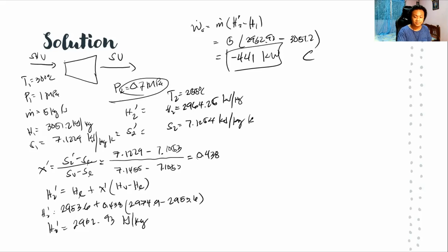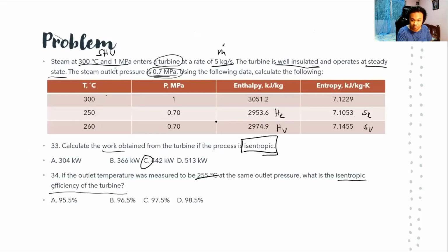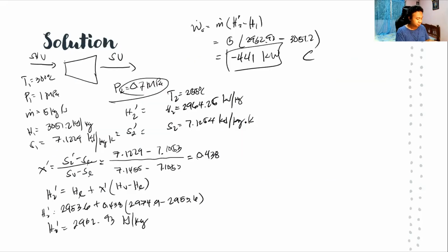Just interpolate between these two values, and then you will get the values that I have given you. That's what I did. And then go through the same process again.